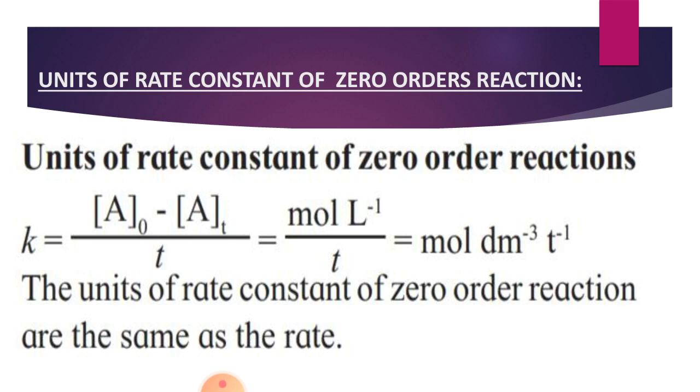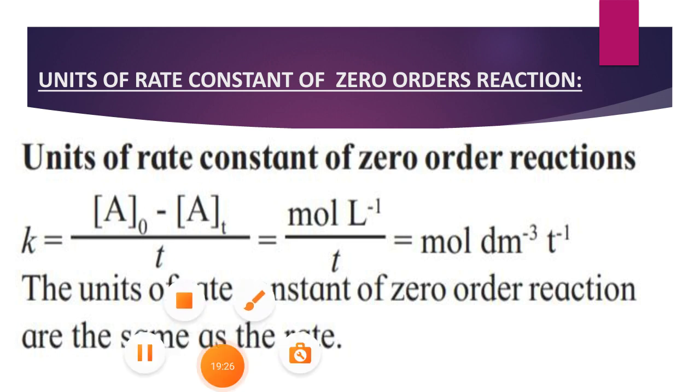We can write it mole per liter per time, or we can write it mole per dm3 per time. So the unit of rate constant of zero order reaction is the same as that of the rate. What is the unit of rate constant of zero order reaction? It is mole per liter per time, or mole per dm3 per time.